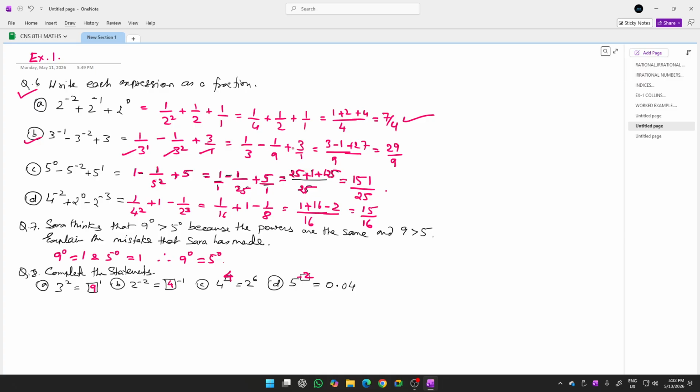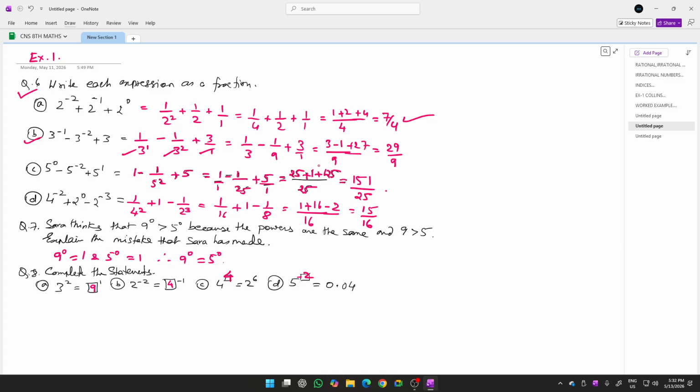So now you are at a point where you just have to deal with the fractions. So 1 upon 3 minus 1 upon 9 plus 3 upon 1. Now in the denominator, you have 3, 9 and 1. So the LCM of 3, 9 and 1 is 9. So I've written 9 over here. Now 3 times 3 is 9, that 3 multiplied by 1 will be 3 over here.